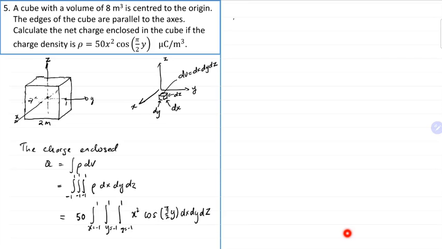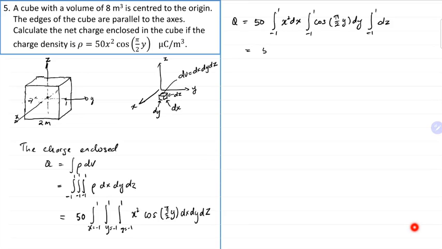Therefore Q is equal to 50 times the integral from -1 to 1 of x squared dx, times the integral from -1 to 1 of cosine pi over 2 y dy, and then the integral from -1 to 1 of dz.